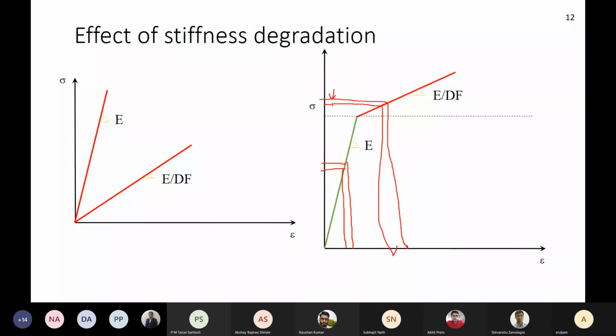This is smaller than this for the same delta strain. This is because the modulus has decreased. Modulus has decreased because for the same amount of strain, the load carrying capacity has reduced.